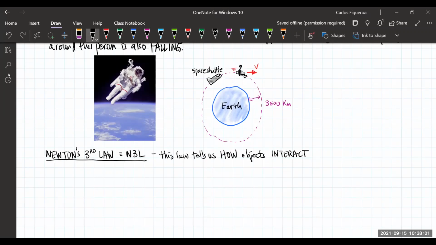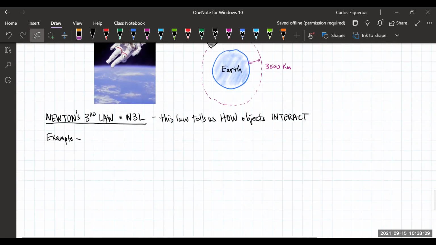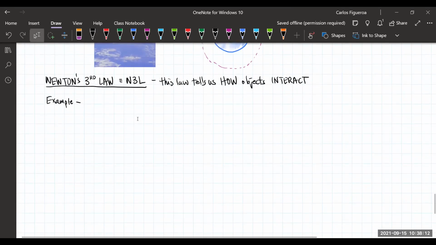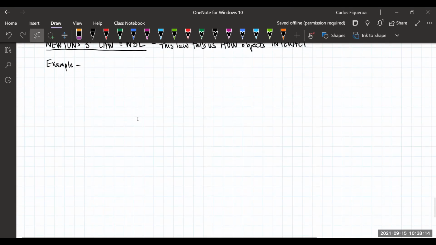What I'll do here is start off with an example so you can get a sense of what I'm talking about. In this example, I'm going to push a water bottle with my hand.